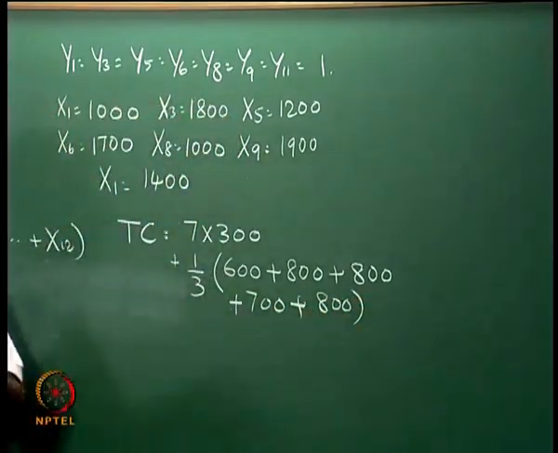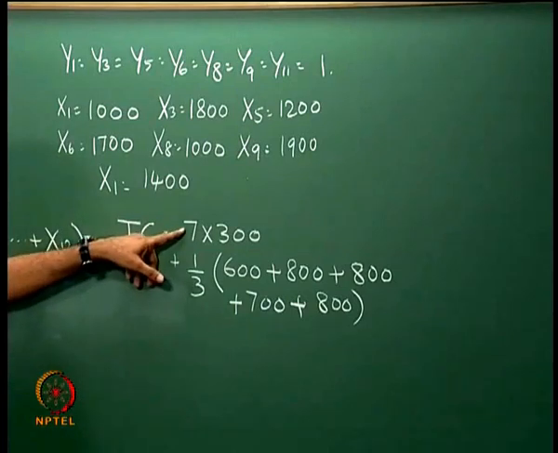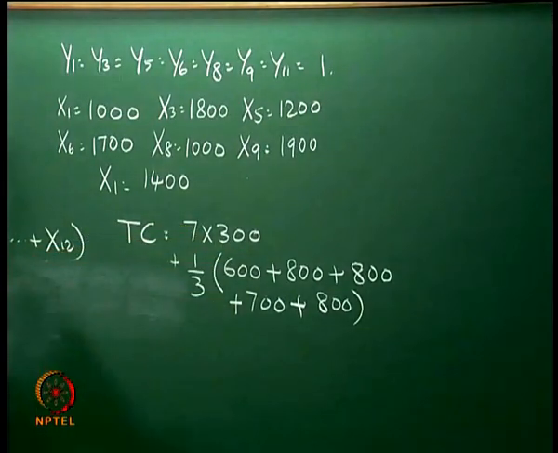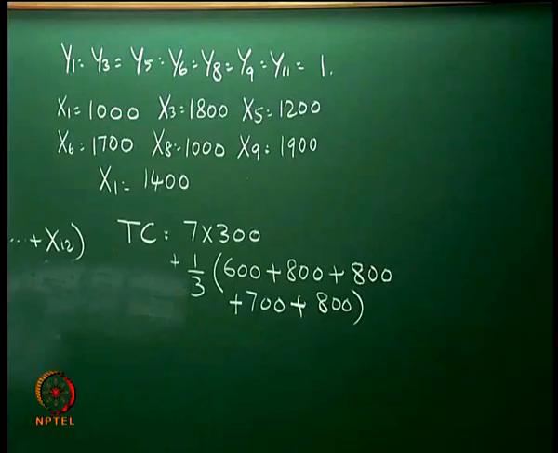It is also interesting and obvious to note that there are 7 periods where there is an order, there are 5 periods where there is inventory holding, making up for the 12.